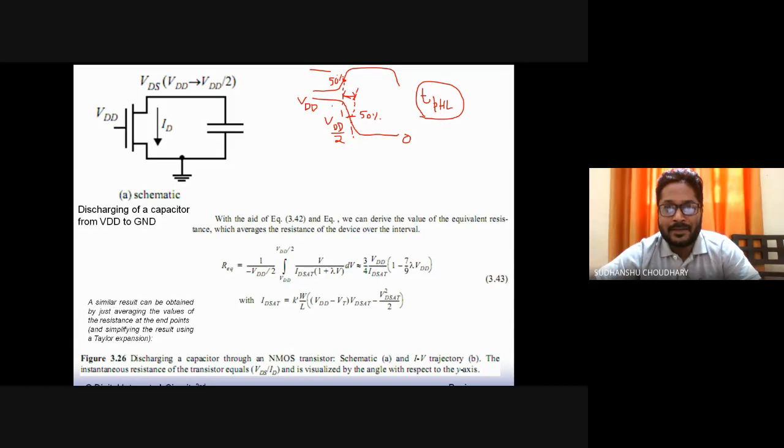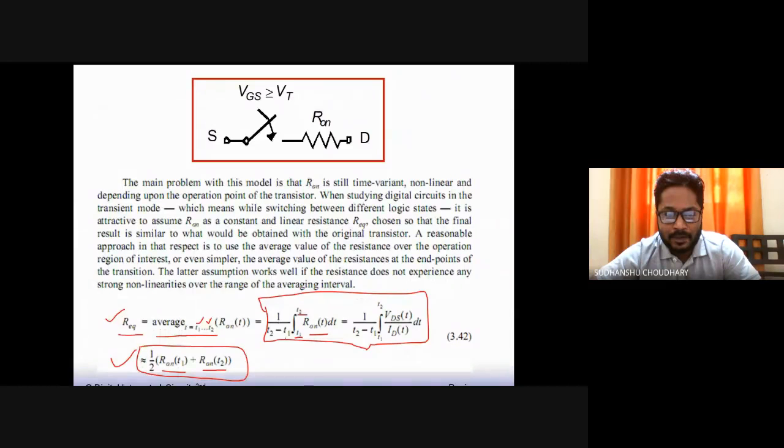But since we are interested in only these two regions, that is VDD and VDD by 2, we'll say that these are the two regions of operation. So we'll try to calculate our equivalent resistance in these two regions. We modify our previous equation, that is, we put T1 as VDD in this equation and T2 as VDD by 2.